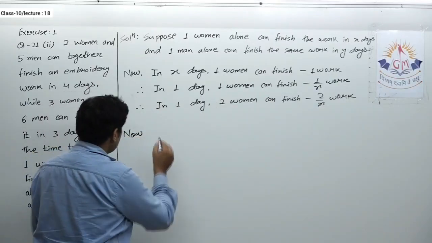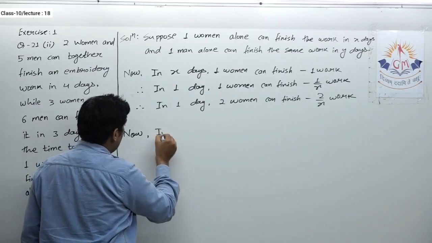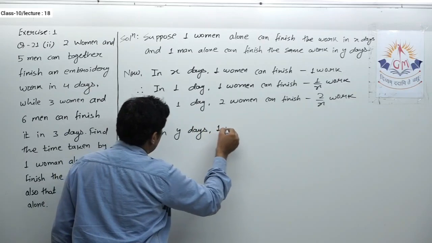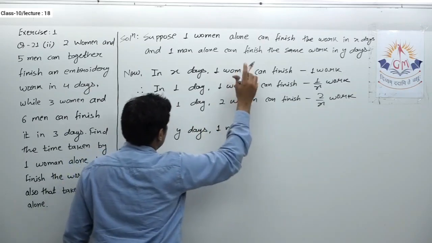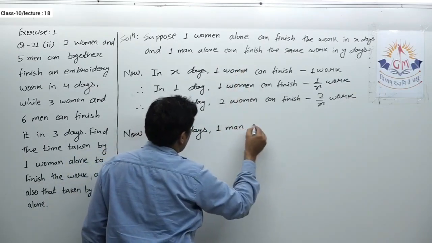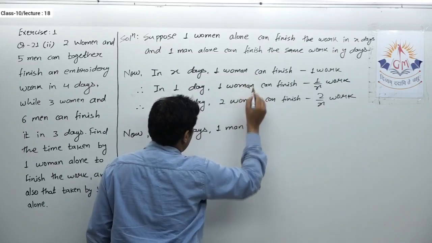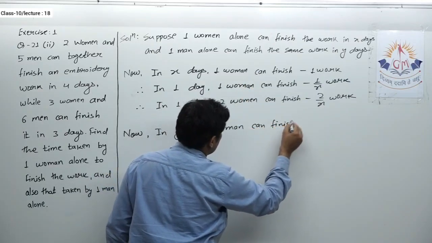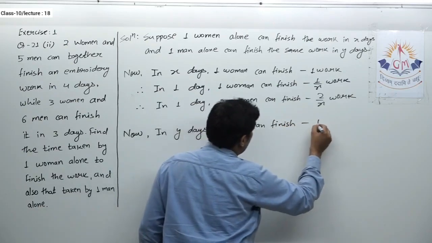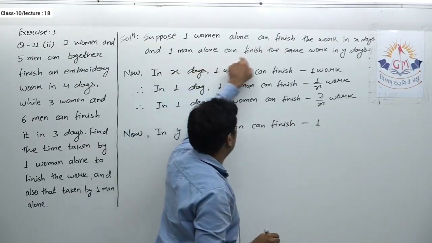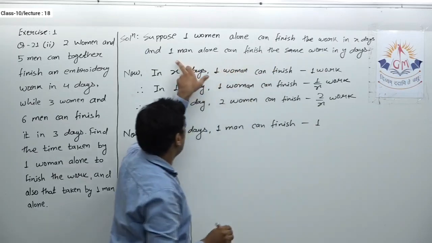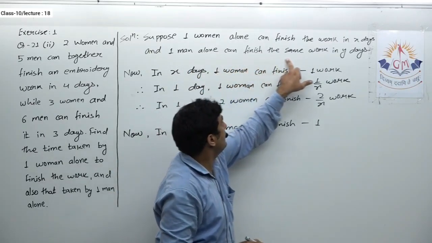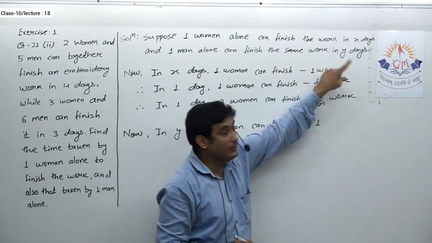Now, in Y days, one man can finish one work. Again, I am writing this line in another way. Here I assume that one man alone can finish the same work in Y days.